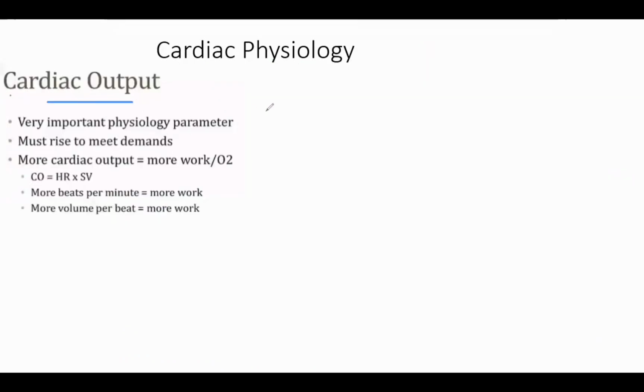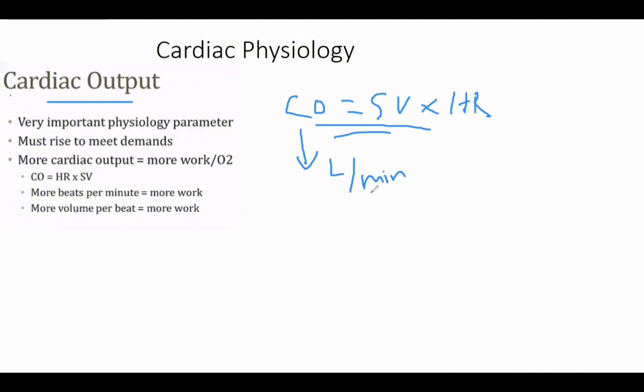Now let's discuss cardiac output. We know that cardiac output is equal to stroke volume multiplied by heart rate. In other words, cardiac output is the volume of blood ejected from the left ventricle per minute. This is a very important physiological parameter. The more cardiac output, the more work the heart does and the more oxygen it consumes.